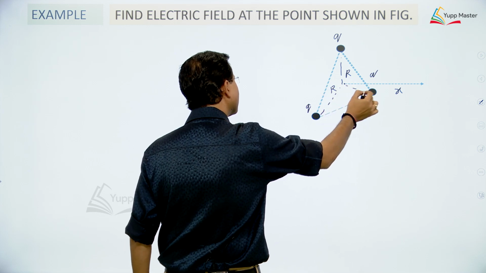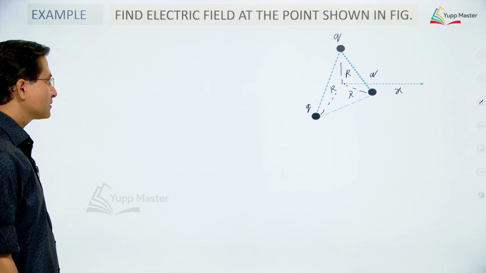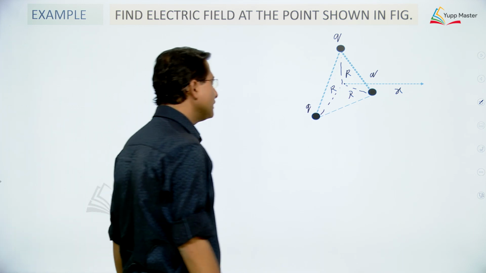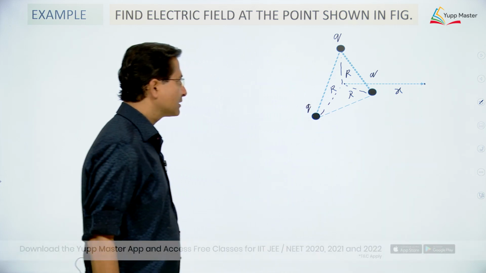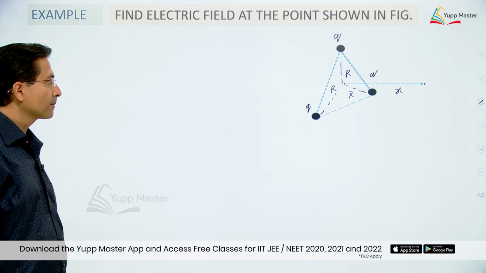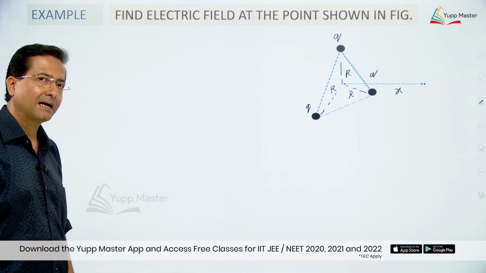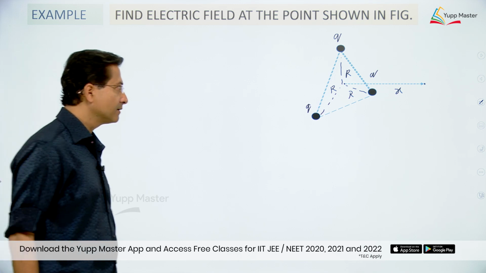So, from the centroid, the distance where we want to find the field is x and the charges are kept at distance r. If I ask what is the field at that particular point due to these 3 charges.